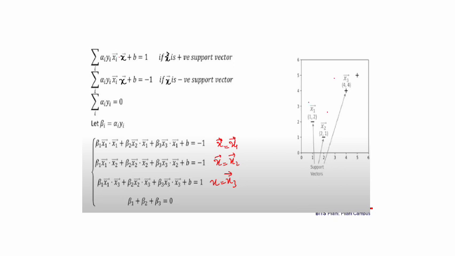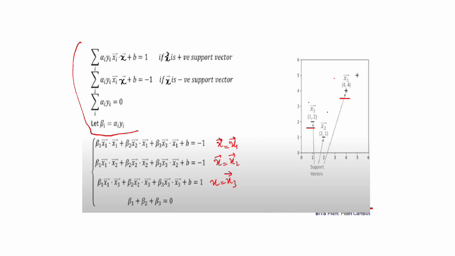So x1 and x2 are on the minus side, and the x3 vector is on the positive side of things, right? And then the equations, these are all given when asked. So equation 1 is the summation of alpha i yi xi dot x plus b is equal to 1. The second, when it's negative, is minus 1, and the summation of alpha i yi is equal to 0 is given, right?